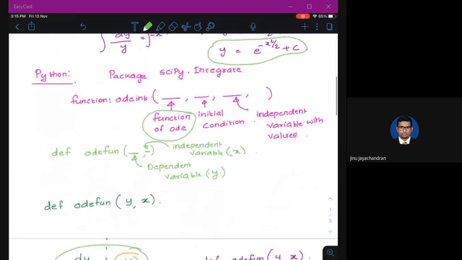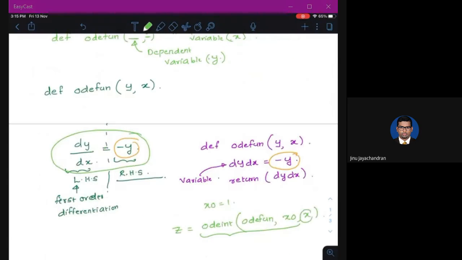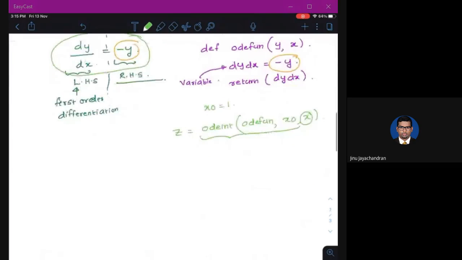So the x value you specify here will be substituted in that solution. We'll see that again. So x, you need to generate points. So you say numpy dot linspace of 0, 20, 10 or 11, which generates x is equal to 0, 1, 2 up to 20.